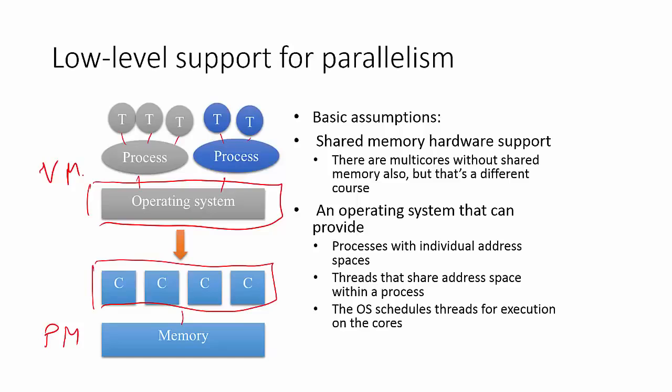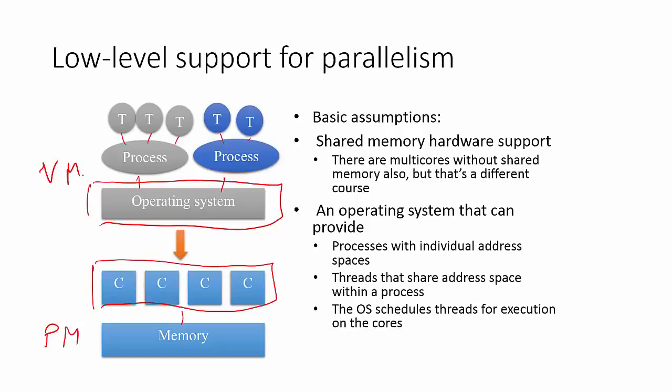And of course, when you have multiple processes, you also take the risk that the OS will schedule threads from different processes simultaneously. There is no guarantee in modern operating systems like Linux or Windows or Solaris that the threads from the same process will execute simultaneously.